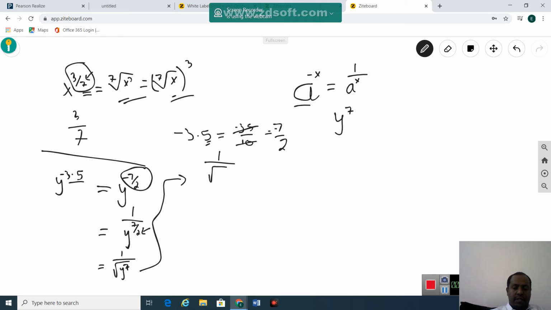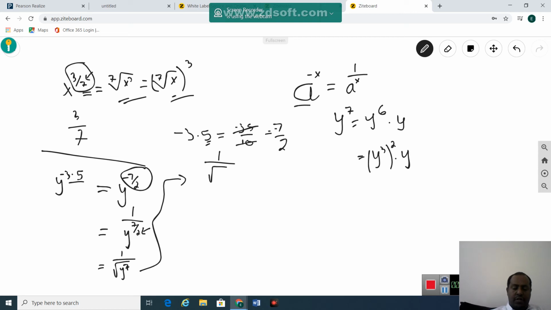It is the same as y to the power of 6 times y. And I know that y to the power of 6 is the same as y to the power of 3, to the power of 2. Why am I doing this? Because my index is 2.